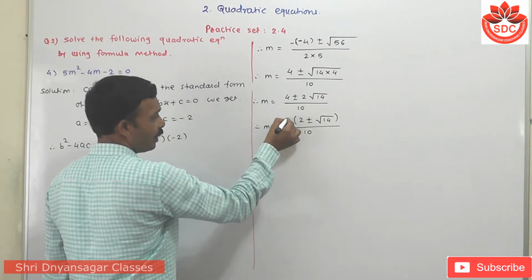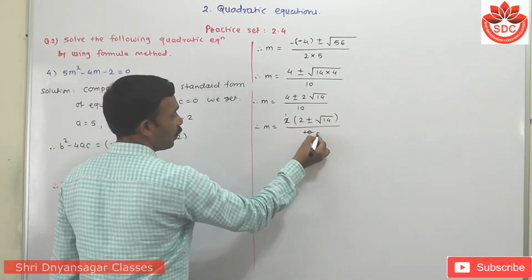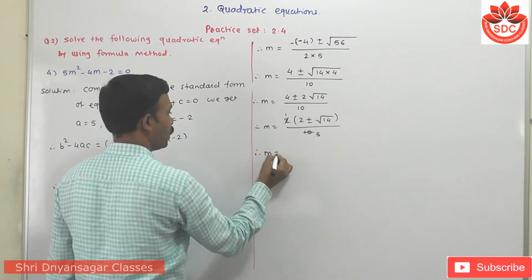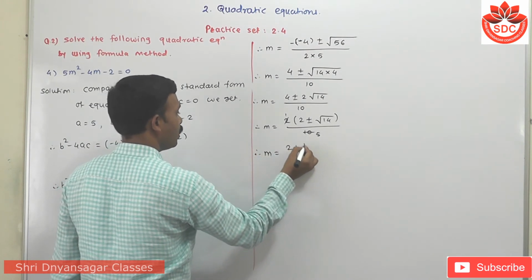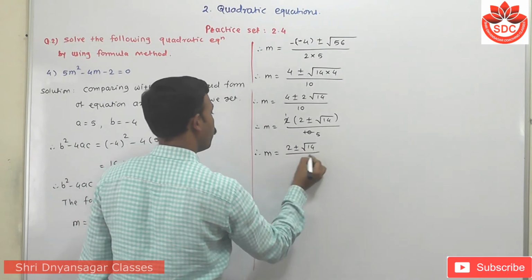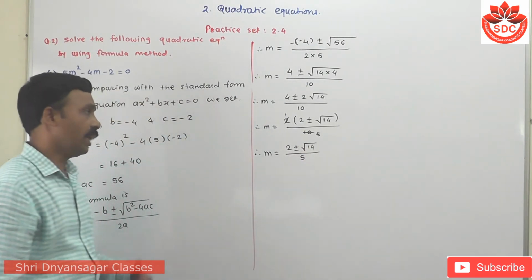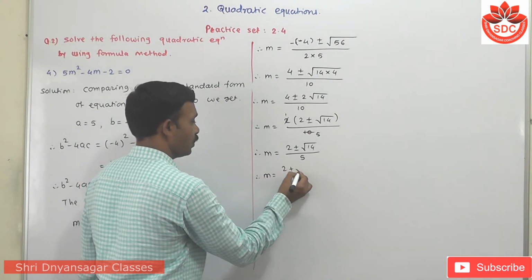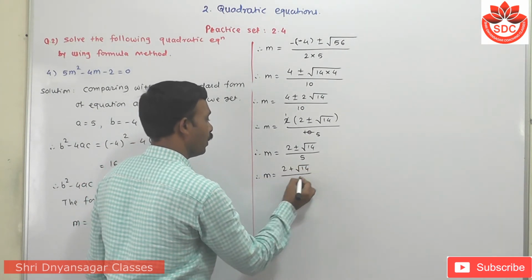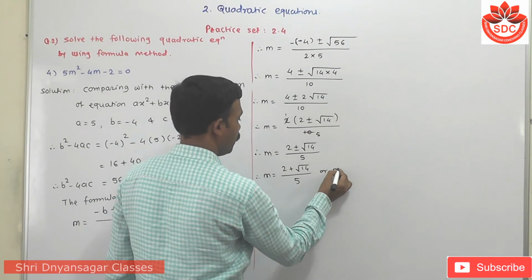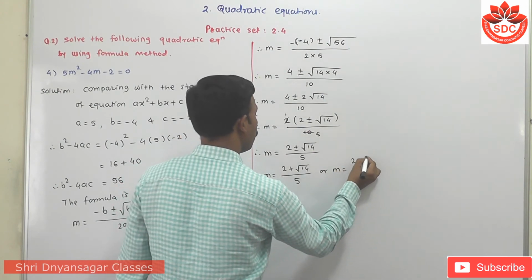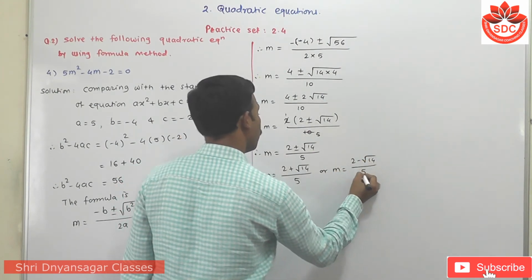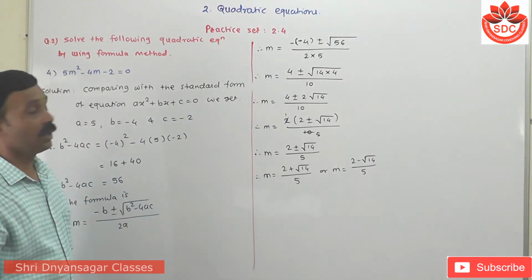We can simplify this, 2 1s are 2, 5s are. Therefore m is equal to 2 plus minus root of 14 upon 5. Then we write it 2 times. Therefore m is equal to 2 plus root of 14 upon 5, or m is equal to 2 minus root of 14 upon 5. These are the roots of the given quadratic equation.